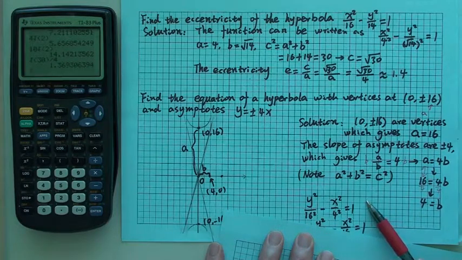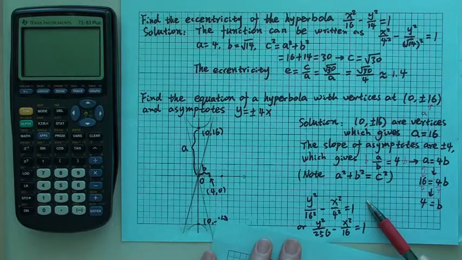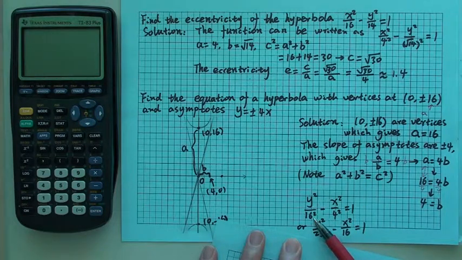Now, you may expand 16 squared to 256 and 4 squared to 16. That will be y squared over 256 minus x squared over 16 equals 1. That's the second example.